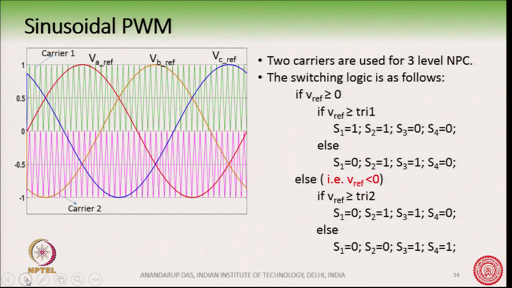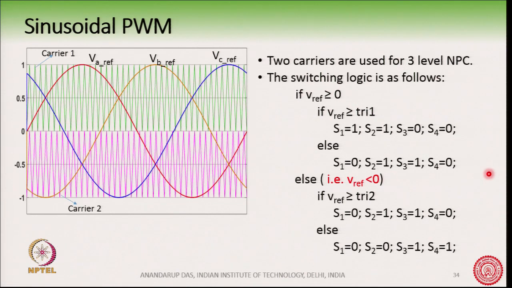Okay. So, you can see here in this diagram that there are 2 carriers being used, one a green carrier and one a pink carrier. Okay. And these are used because of the 3 levels present in the NPC. So, what is the switching logic in this one?